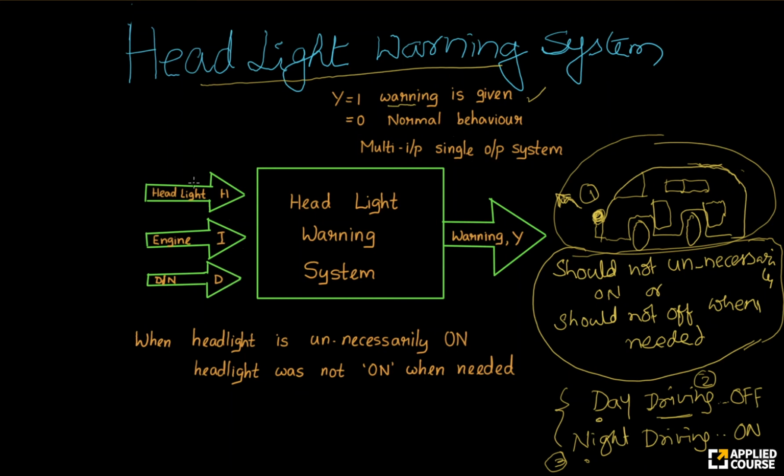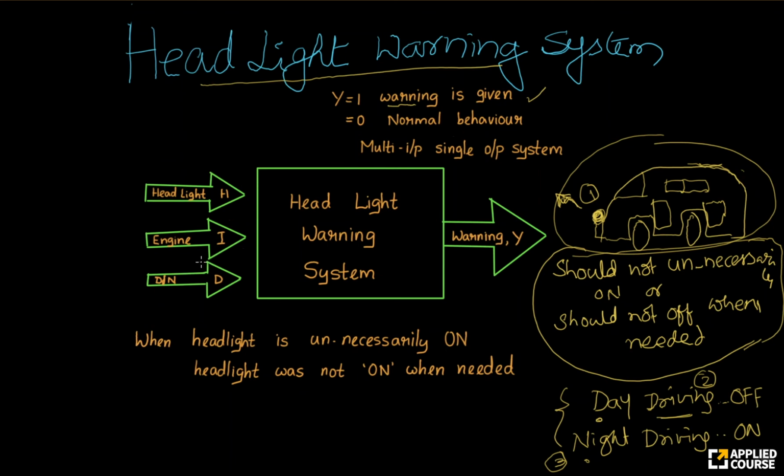The behavior of this, we can take the sample requirement. H is the headlight, which can have the binary values either 0 or 1. Normally 0 means off and 1 means on.